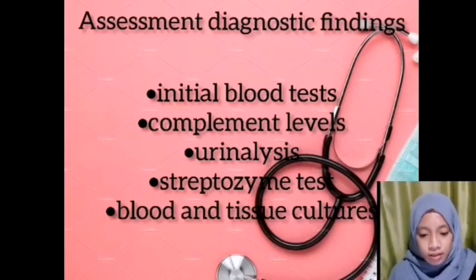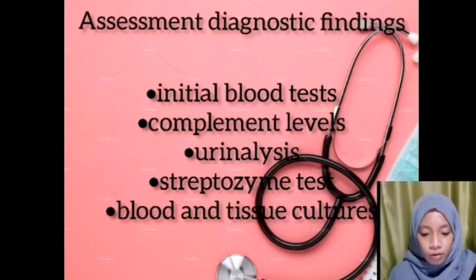Streptozyme test. The streptozyme test includes streptococcal antigens that are sensitive for screening but are not quantitative, such as DNase, streptokinase, streptolysin O, and hyaluronidase. The antistreptolysin O titer is increased in 60 to 80% of patients, and increasing ASO titers confirm recent infection.